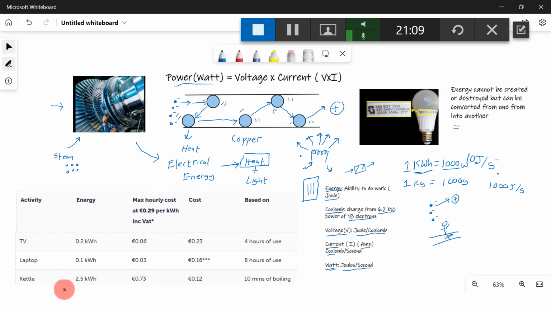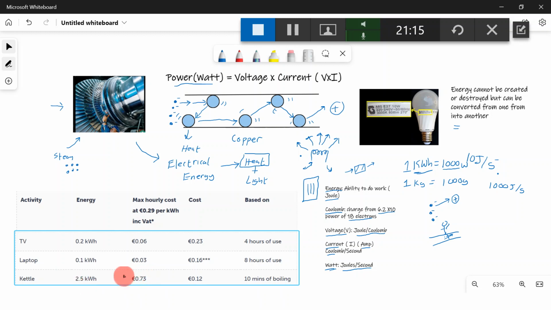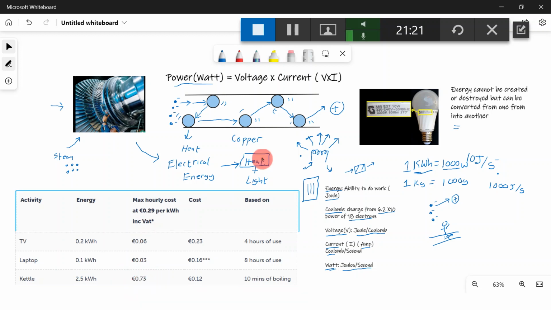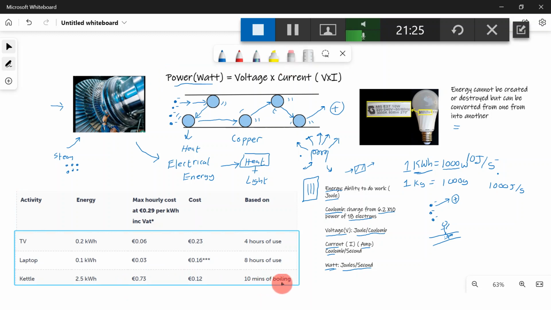Similarly, a kettle is roughly about 2.5 kilowatts. To run it for an hour, you would be talking about 73 cents. So if you were to boil a kettle for 10 minutes, that would cost you about 12 cents.